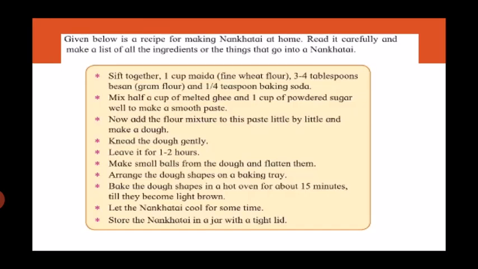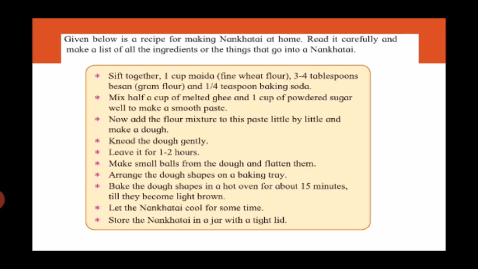Now children, given here is a recipe for making naan katai at home. I hope you all have eaten naan katai. Naan katai are soft biscuits. Read this carefully and make a list of all the ingredients or the things that go into a naan katai.